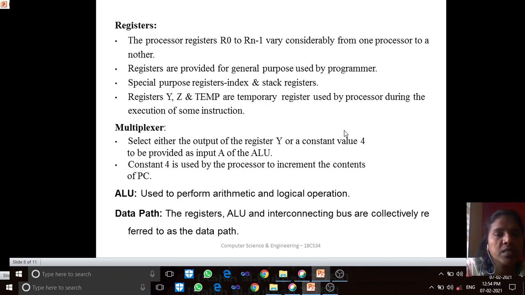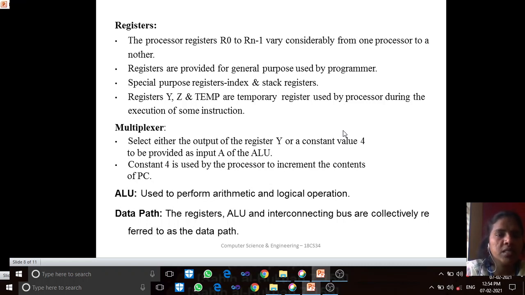Here the general purpose registers R0 to Rn minus 1 vary from one processor to another. Rn minus 1 means it has a finite number of registers. So 10 registers means R0 to R9. It is general because it can be used by the programmer. For example, move R0 to R1 means move the contents of R0 to R1.